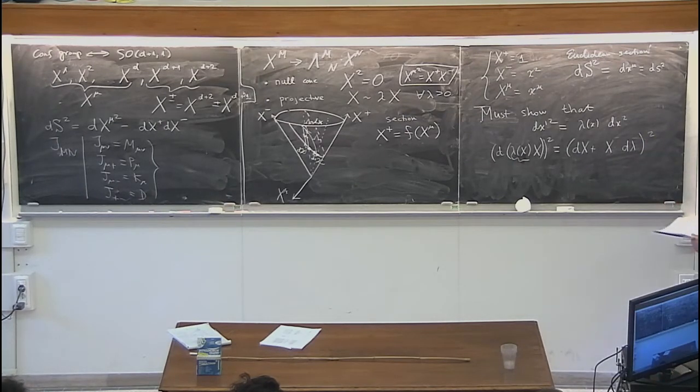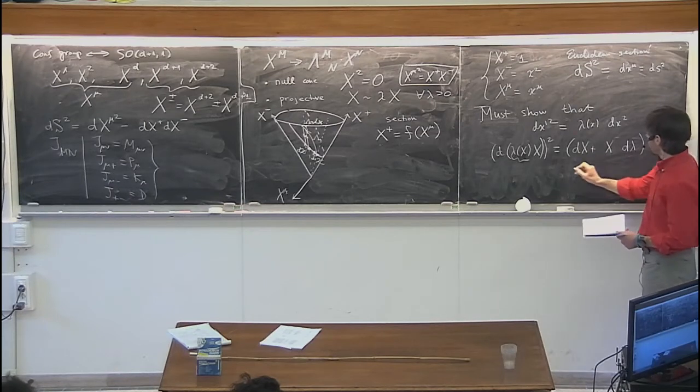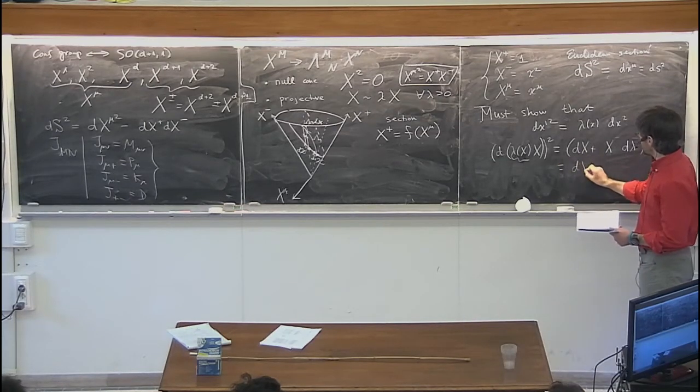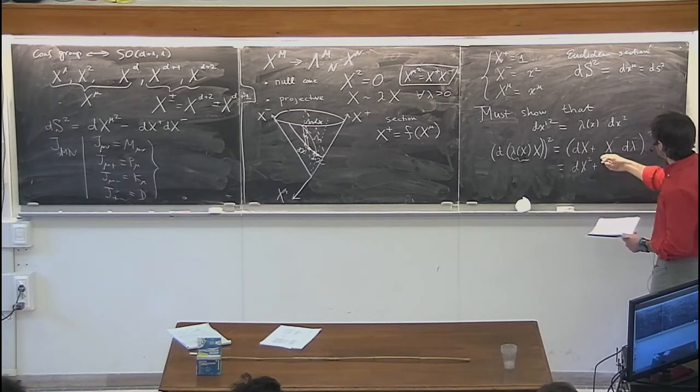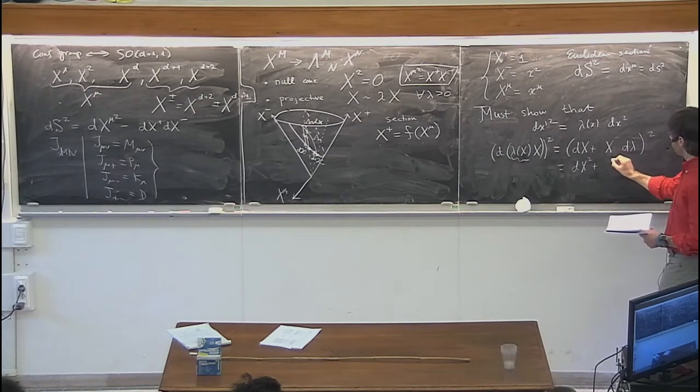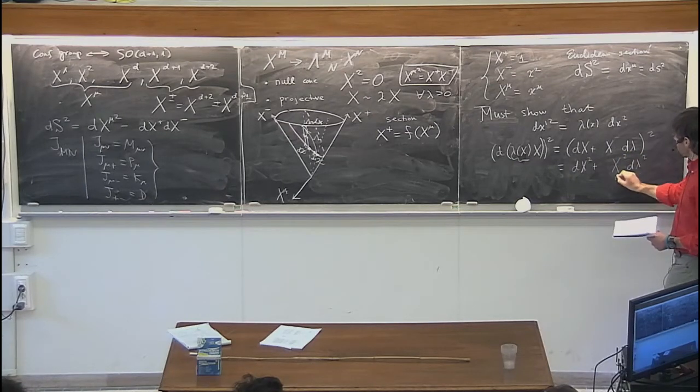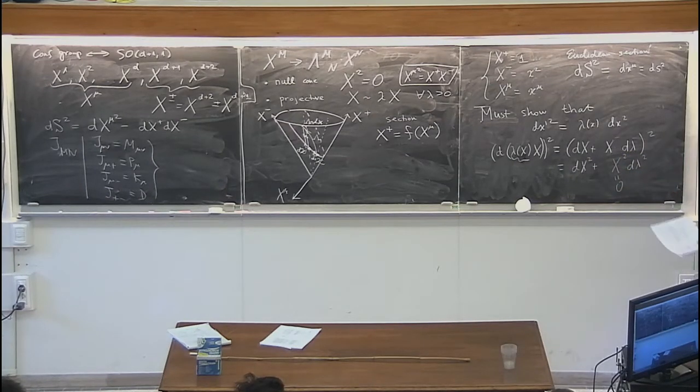If I now open the parentheses, I get dx squared plus two more terms. One term is proportional to x squared d lambda squared, but this is just 0 because x squared is 0. We are on the light cone. The other term is proportional to x dx d lambda.